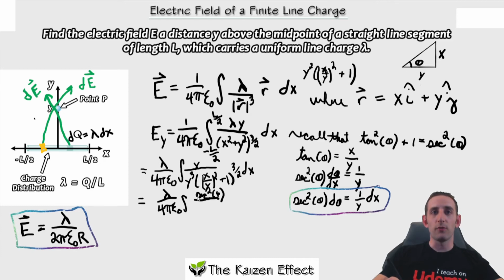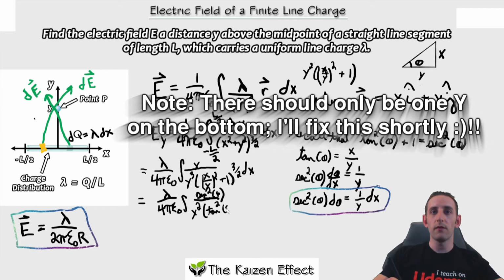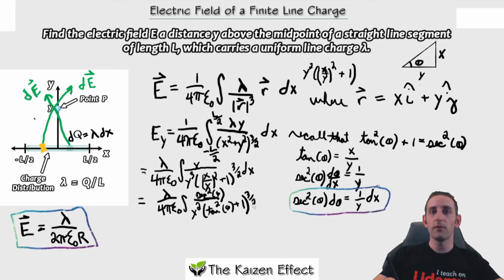And then we just have a y squared on the bottom. So we get a y squared times tan squared of theta plus 1 to the 3/2. And we have our d theta. Now it's important to note that this y is a constant term, right? It's the distance y at which the point is located.